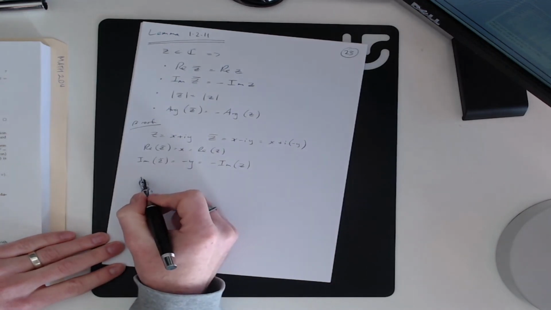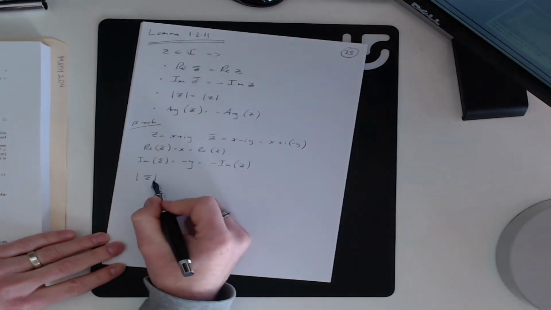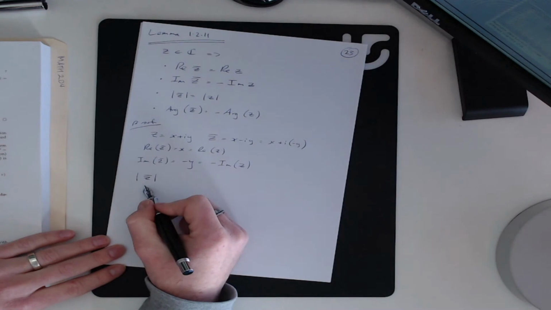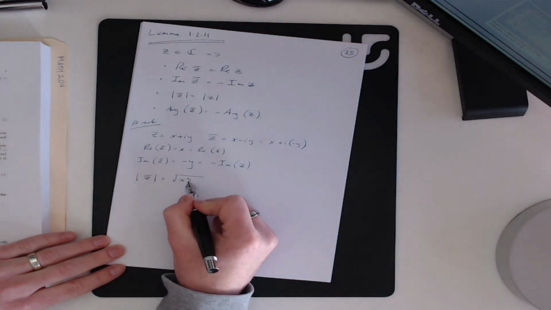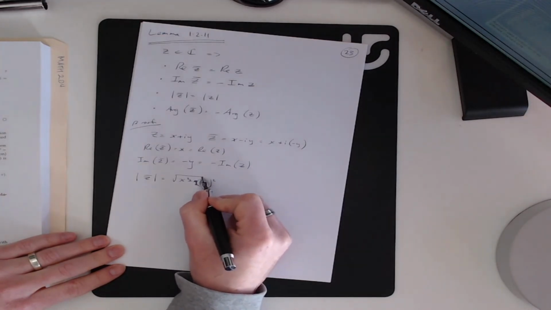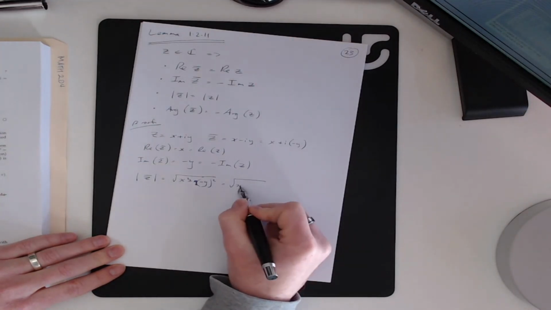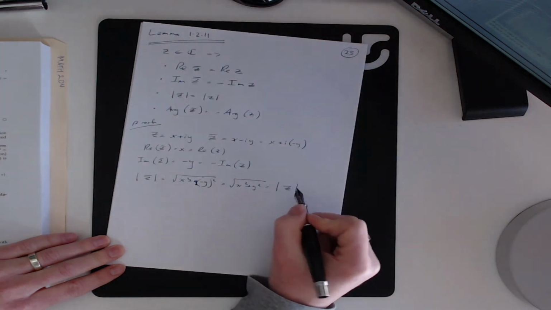And the modulus of the complex conjugate of z is the square root of x squared plus minus y squared, which is equal to x squared plus y squared, which is equal to the modulus of z.